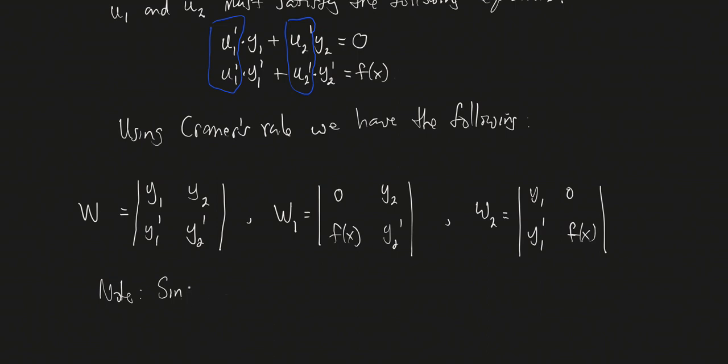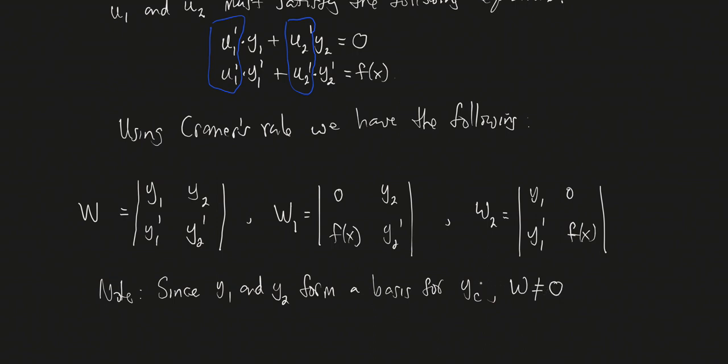Since y1 and y2 form a basis for y sub c, we know that this determinant is never 0.